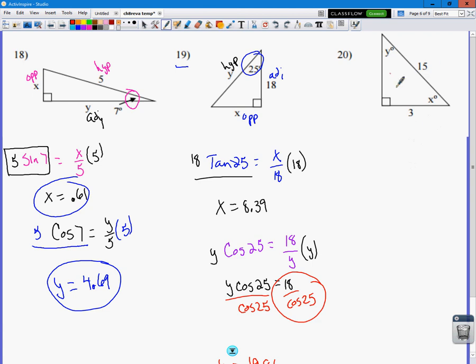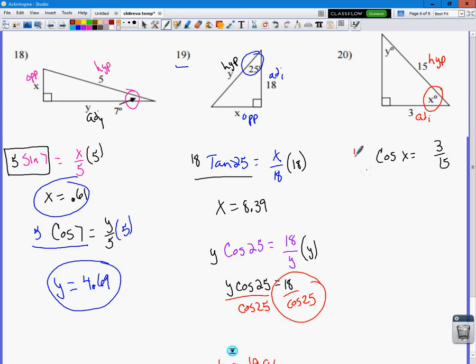Here they're asking me to find both angles, x and y. If I find x, the 3 is adjacent, the 15 is the hypotenuse. Adjacent and hypotenuse is a cosine function. The cosine of x would be equal to 3 over 15.